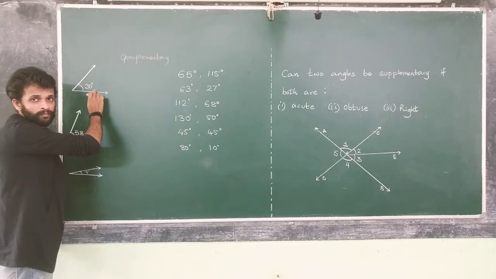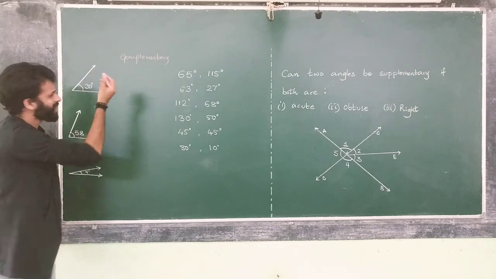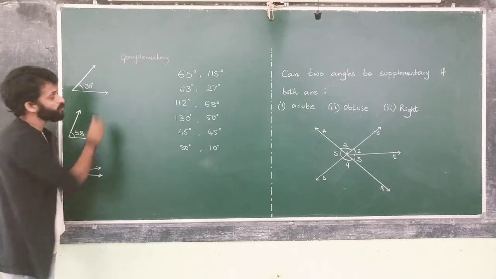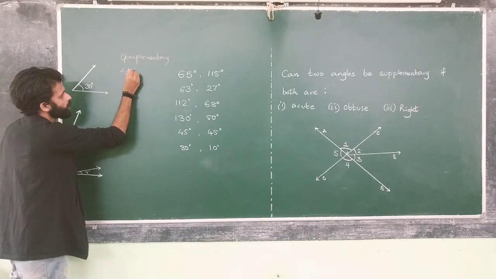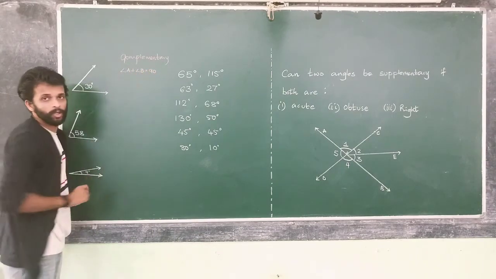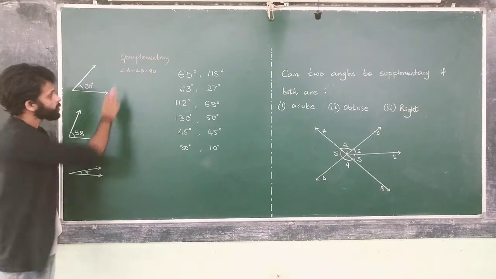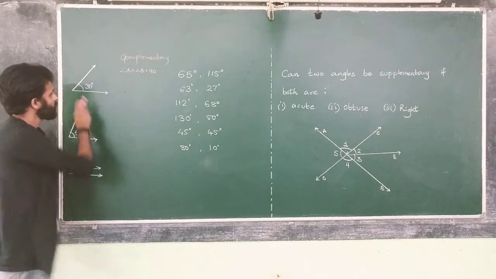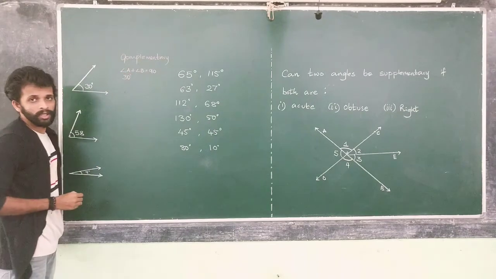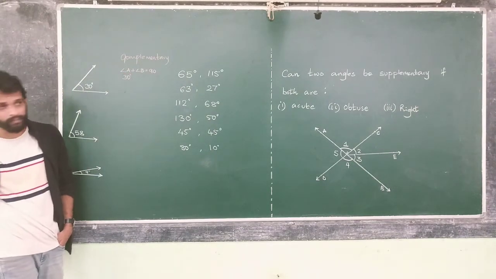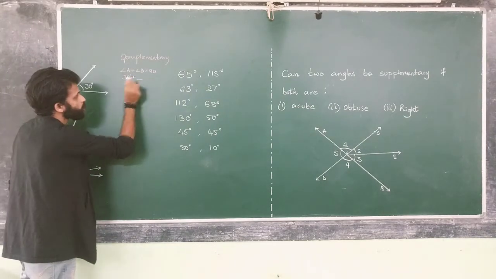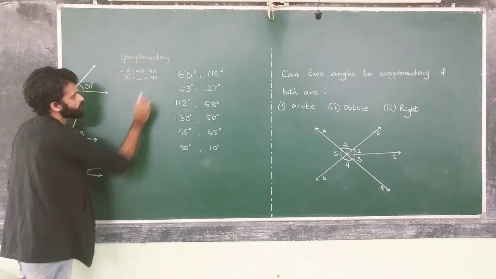This is 30. If you want to write it down the way we need to solve it, then it will be angle A plus angle B is equal to 90. This is the basic rule of complementary angles, right? So angle 1 plus angle 2 is equal to 90. Let us consider that this angle is 30 degrees, plus another angle will give me 90 degrees.